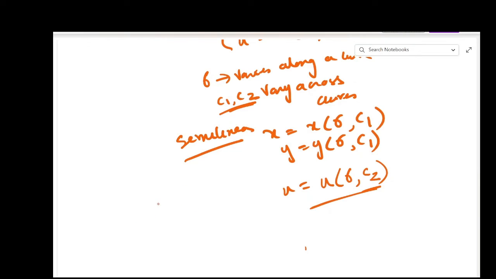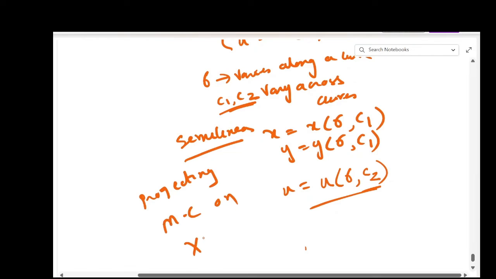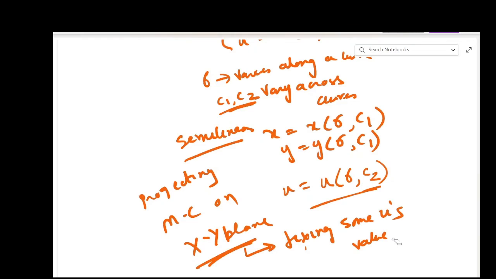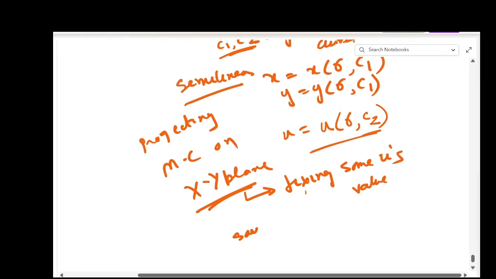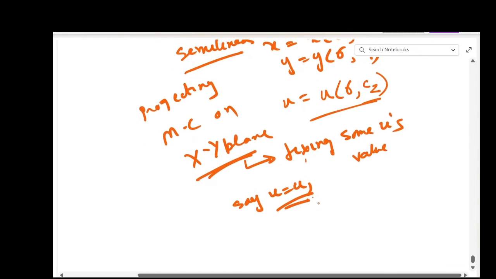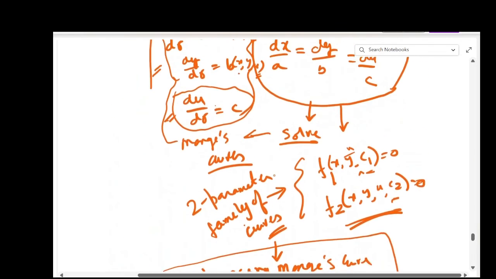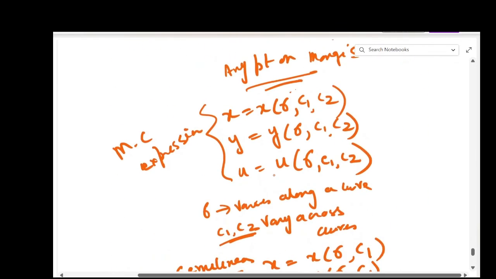Now if I say I am projecting Monge's curve MC on the XY plane, then that means what? That means I am fixing some u value, say u equals u0, say u equals u1.